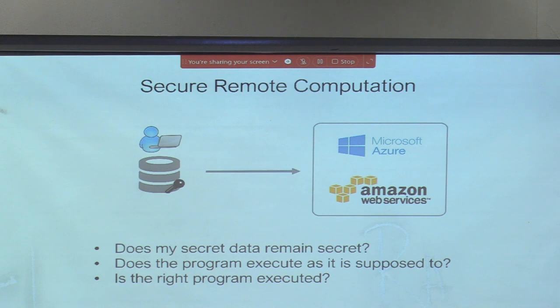It computes your taxes accurately, and it's the program that you paid for. And so you might have these sorts of questions in mind, right? I'm sending my secret data over to the cloud. Is that secret data remaining secret as I send it over? I'm running some application there. Is it executing as it's supposed to?